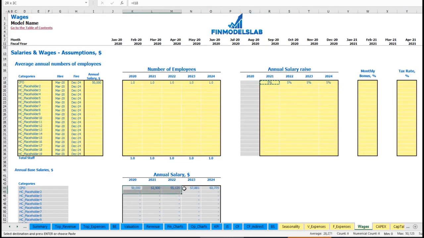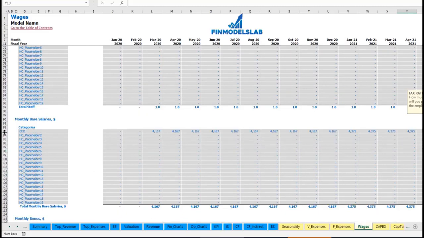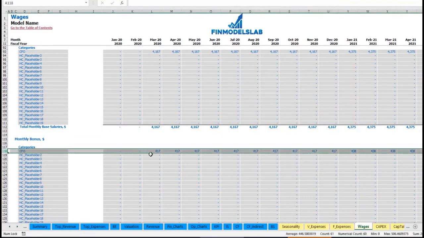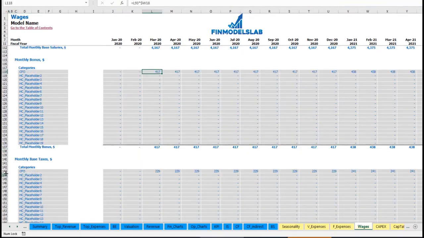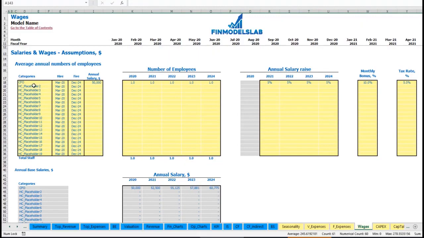You may see the amounts by years connected to this annual salary and impacted by annual salary rise. Let's set up 10% monthly bonus and 5% tax rate. So you may see below the calculation of salary broken down by months, monthly bonus, which is 10%, and 5% of monthly taxes related to the payroll.